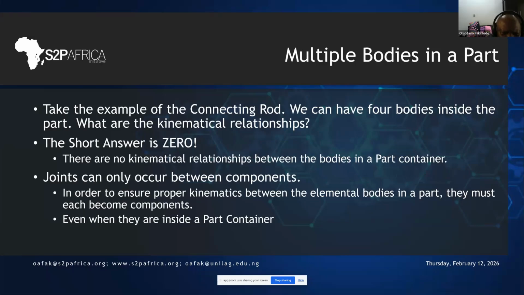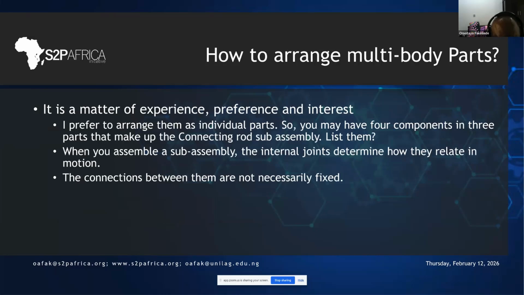Joints can only occur between 2 components. In order to ensure proper kinematics between elements in a part, they must each become components, even when they are inside a part container. It's a matter of experience, preference, and interest whether you arrange multi-body parts or you let them be in separate parts.